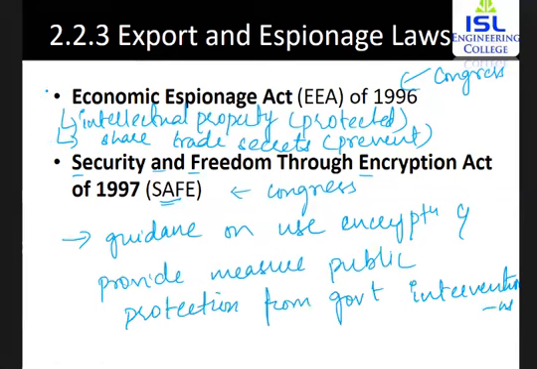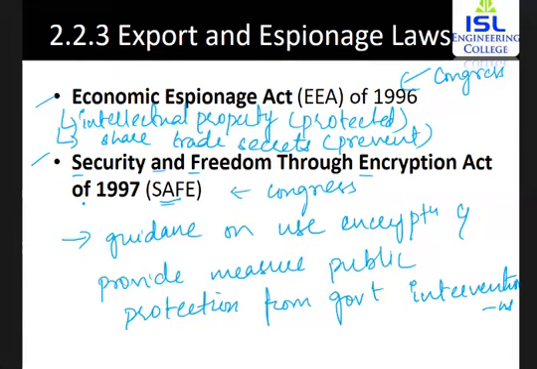So these are the two laws within the export and espionage laws. The first law safeguards intellectual property; any ideas and assets need to be protected, and your trade secrets should not be sold. That is why this act was put in place.